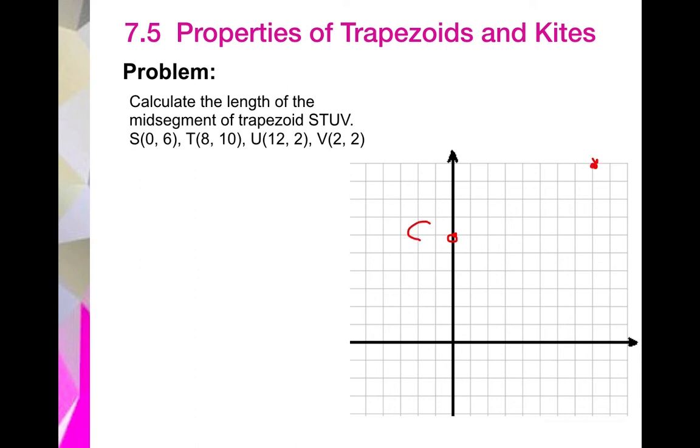So this is S and this is T. U is going to be 12, 2. So unfortunately it goes off the grid here, but it's going to be kind of around here. And that's going to be U. And then V is 2, 2.